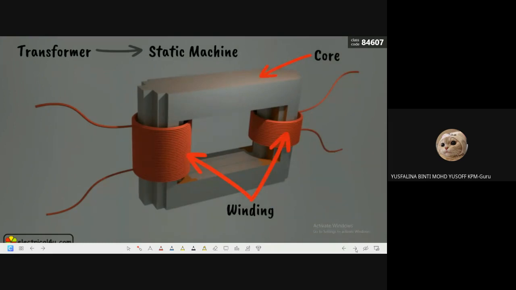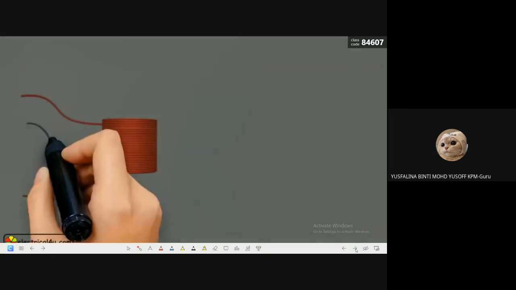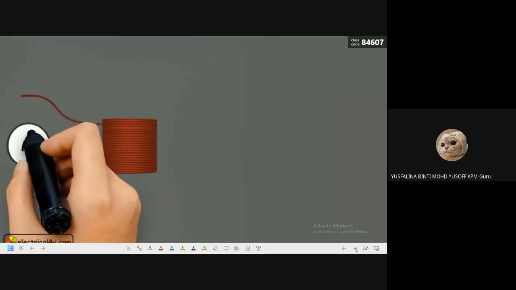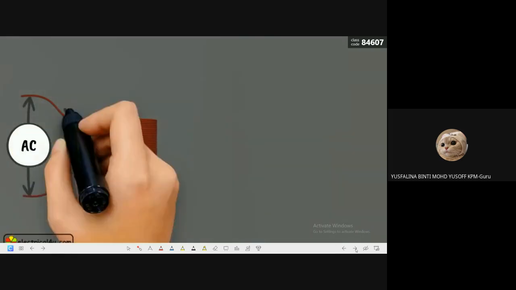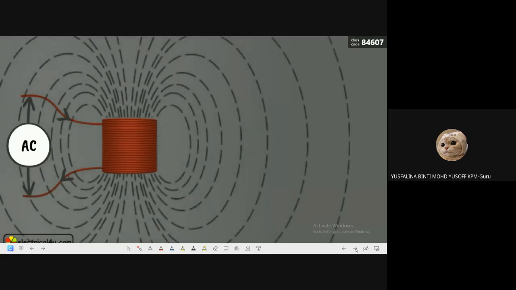Windings are in the form of coils made of a good conductor of current. The windings of a transformer play a main role in the machine. The winding coils behave as an inductor. When an alternating current is allowed to flow through any of the windings, there will be an alternating flux produced surrounding the winding.